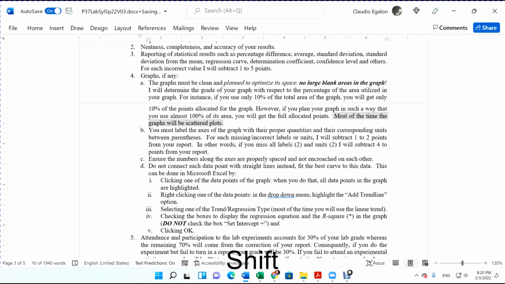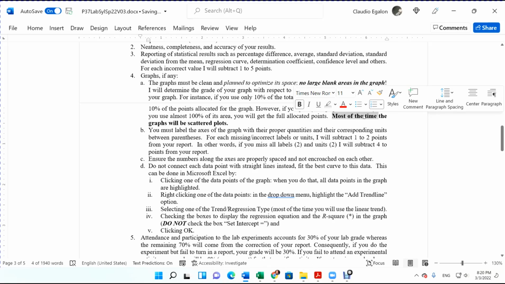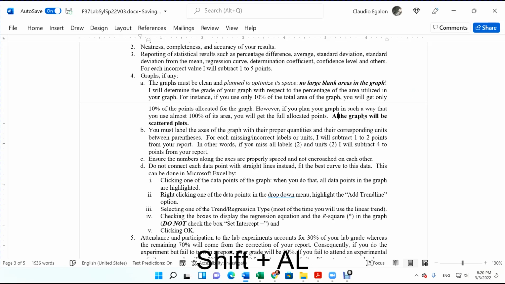It's always. All graphs will be scatter plots unless I tell you otherwise. Okay. Let's put it this way: unless I tell you otherwise.